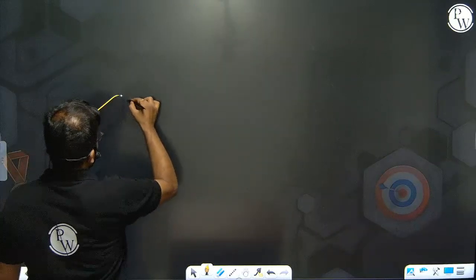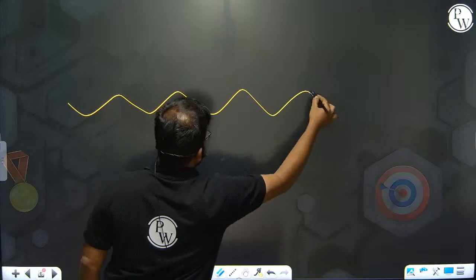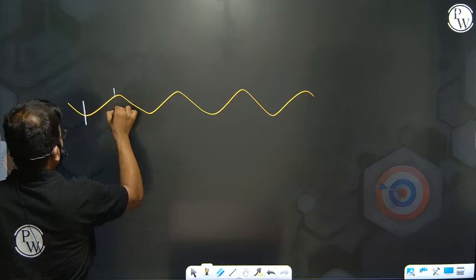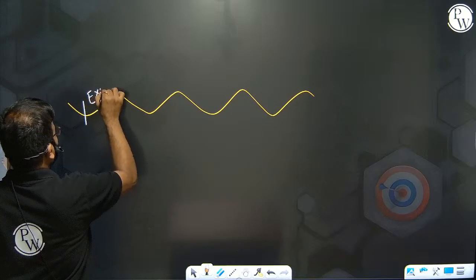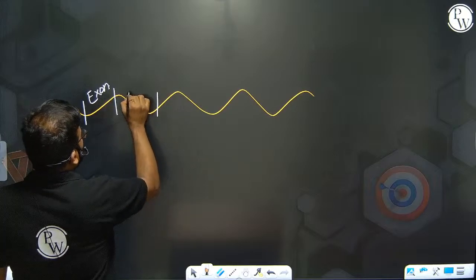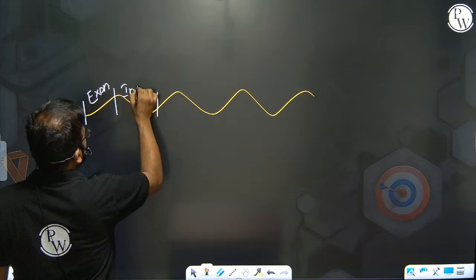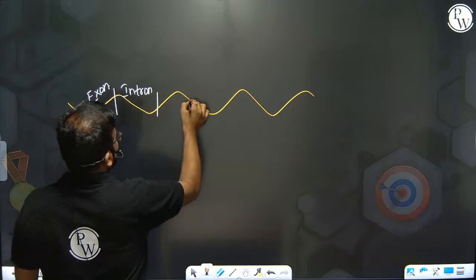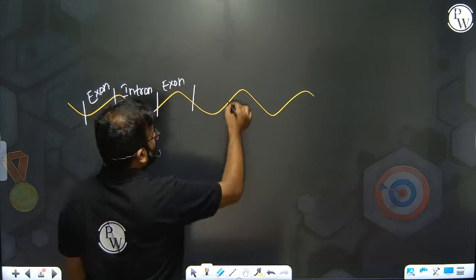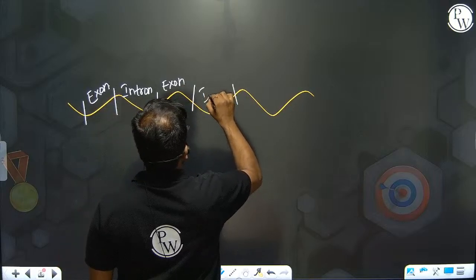Imagine this is your eukaryotic DNA. So ours is divided like this. There will be a coding sequence called exon, interrupted by non-coding sequences called introns. So this is called the split gene concept.